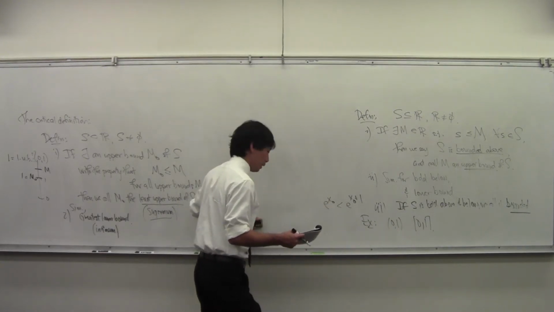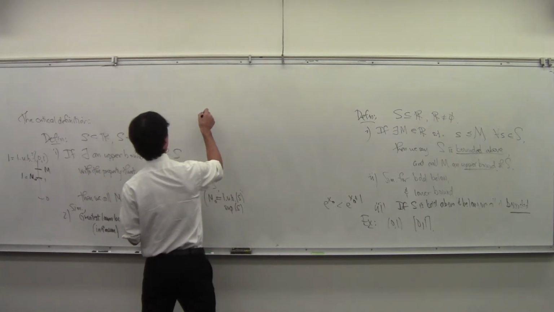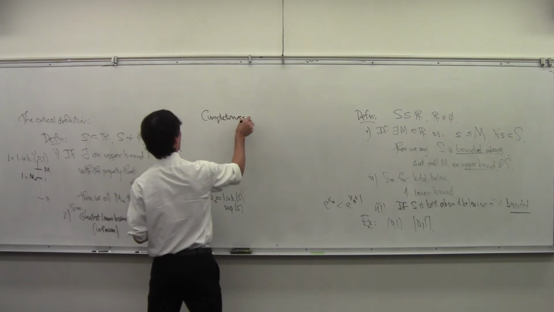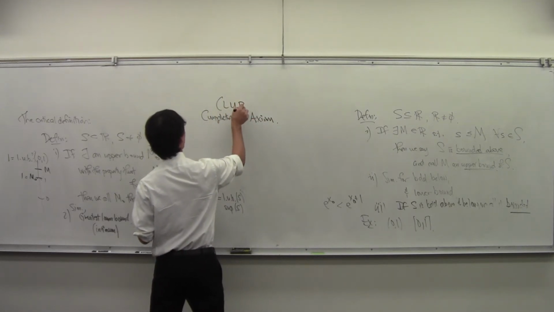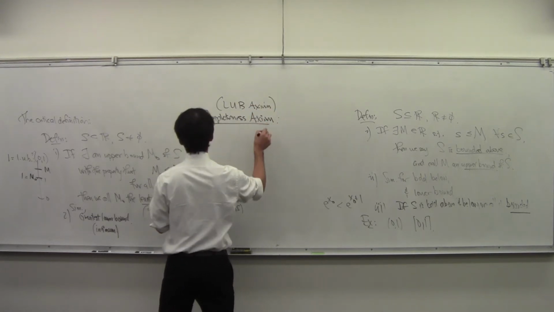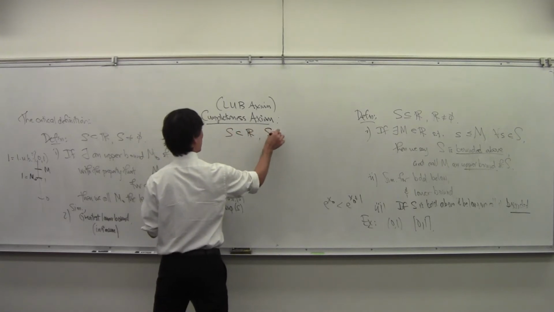Okay, and now let's state the property that distinguishes R. So the completeness axiom, also called the least upper bound axiom. Here it is. Again, you have a subset S of R that is non-empty.